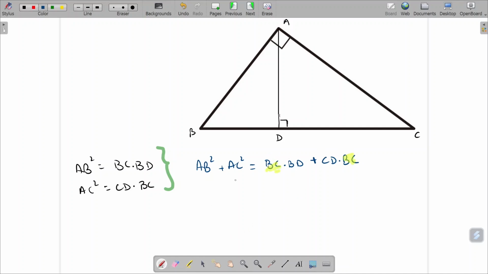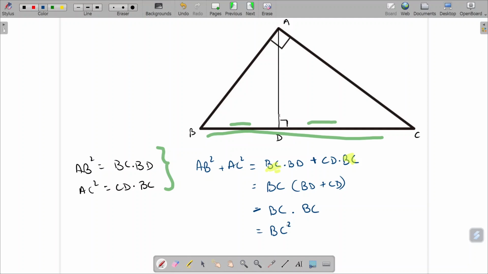So if I took BC out as a common factor, I'd have BC times BD plus CD. But I hope you can see that BD plus CD is nothing other than BC in its entirety. So I now have BC times BC, which can be written in abbreviated form as BC squared. And I've now gone ahead and proven Pythagoras' theorem.